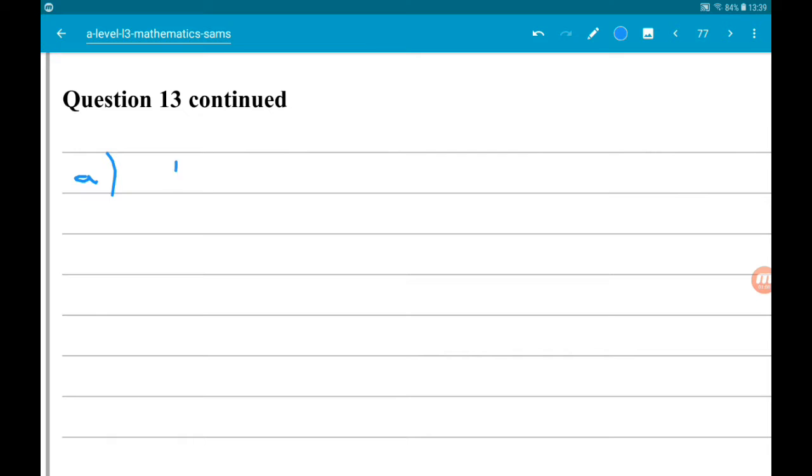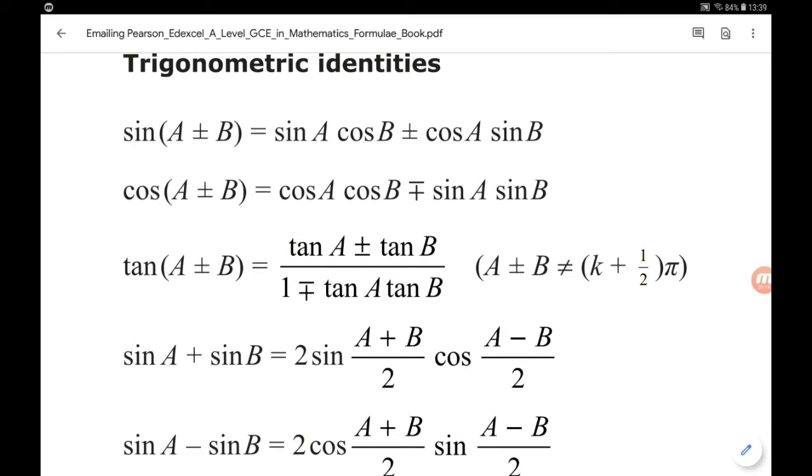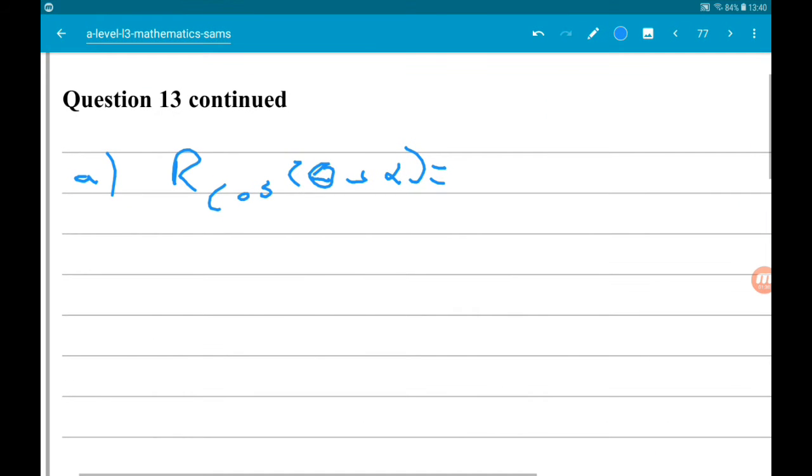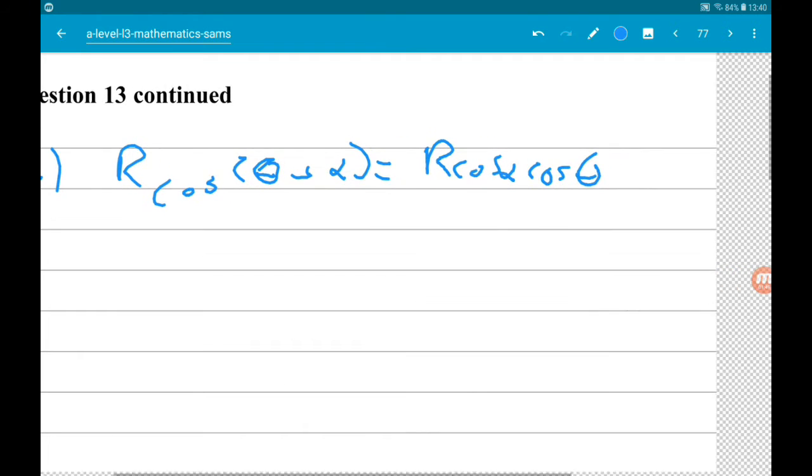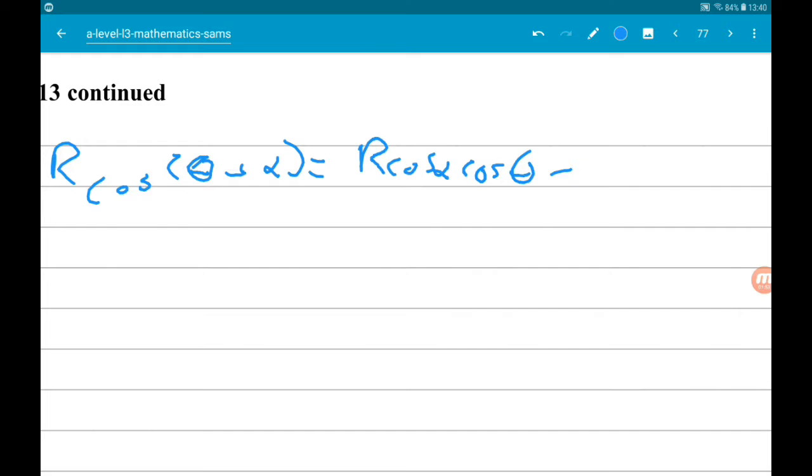So r cos of theta plus alpha is equal to, well, cos of A plus B is cos A cos B minus sin A sin B. So we are going to get r cos alpha cos theta minus r sin alpha sin theta.